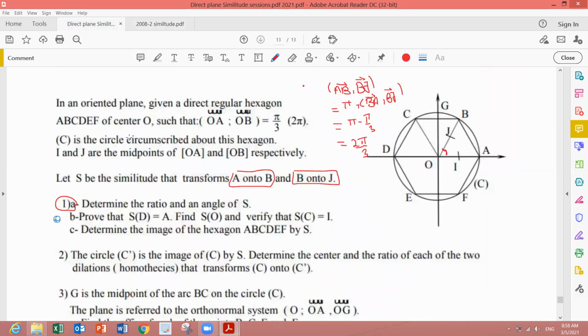Part B, prove that S of D equal A. How to prove that S of D equal A?